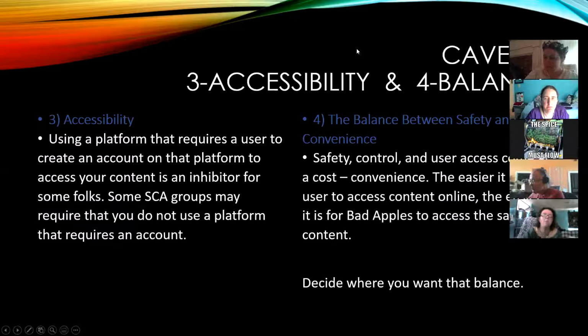All right, I'm going to try to get through a lot of slides the next little while. So let's see, accessibility and the balance between safety and convenience. For accessibility, it's important that you try not to rely on software programs that will require a person to create an account or to buy a paid account. There are a number of great platforms out there.